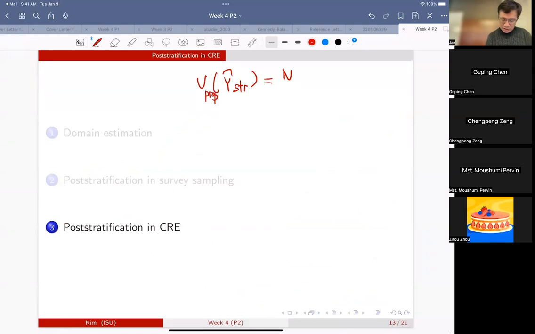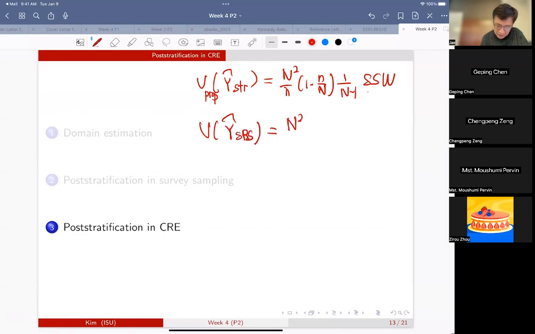That is actually this guy. Within, right? So remember, simple random sampling. What is the variance of a simple random sampling? That is SST, right? Sum of square total.